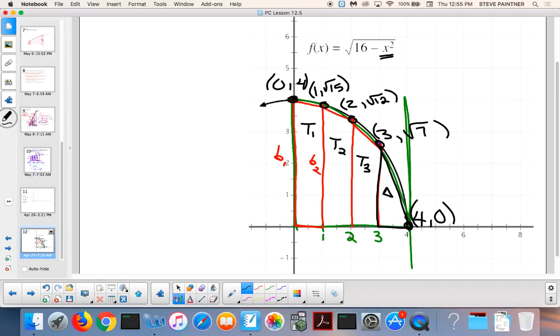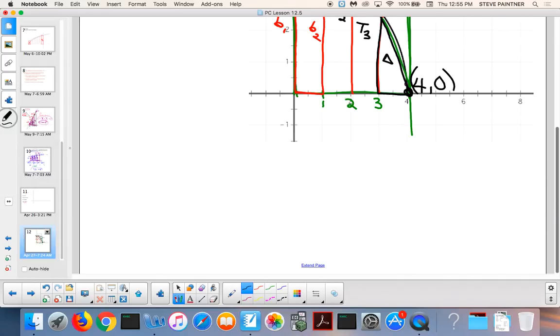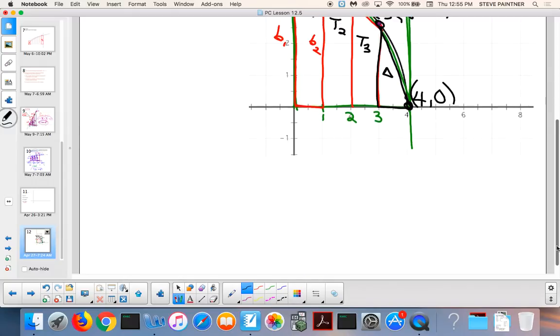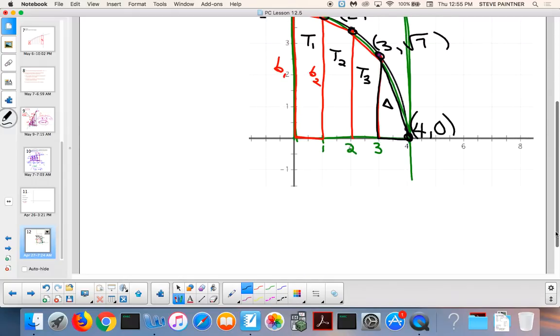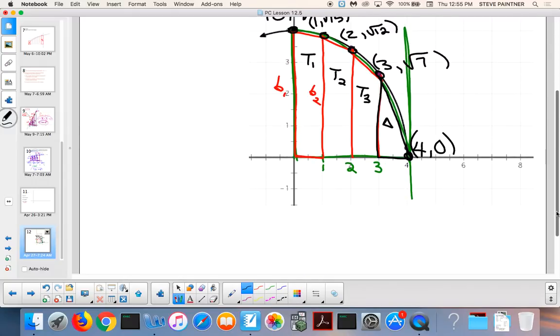Okay? All right, here we go. Trapezoid 1 goes like this. Half of the base is added. What are the bases here?